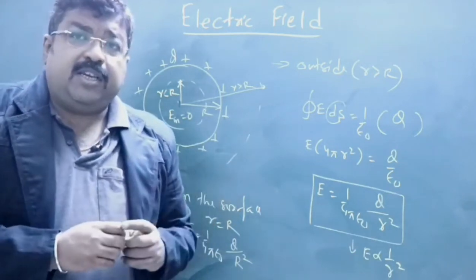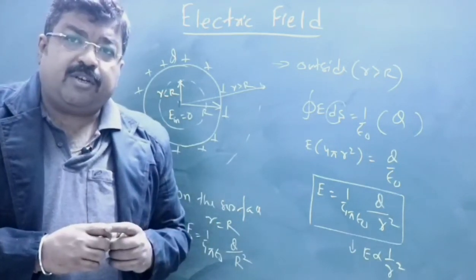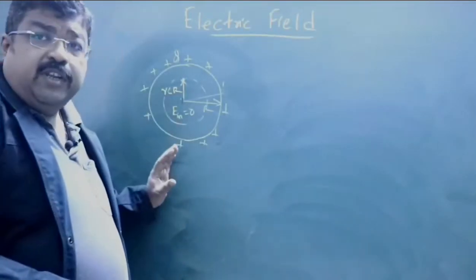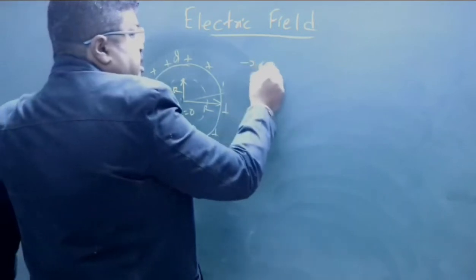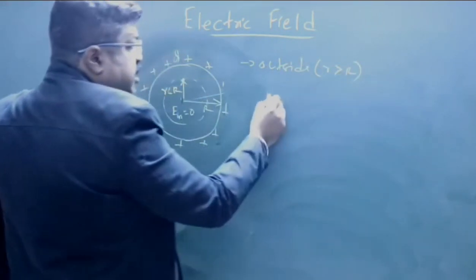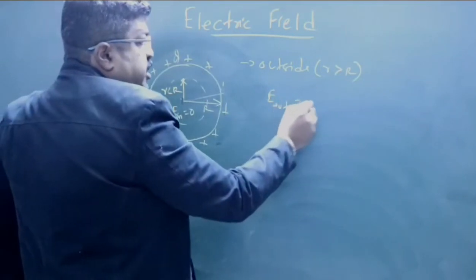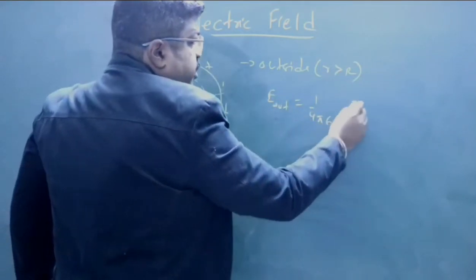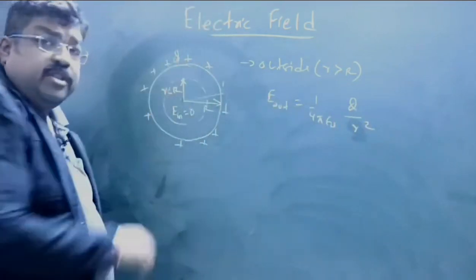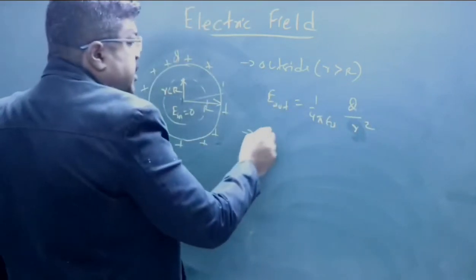Okay. Now let's see the graphical representation of this electric field. So for this spherical shell, outside we have seen for r greater than R, electric field E out is 1 by 4 pi epsilon naught Q by r square, where Q is the charge on the surface of the spherical shell.